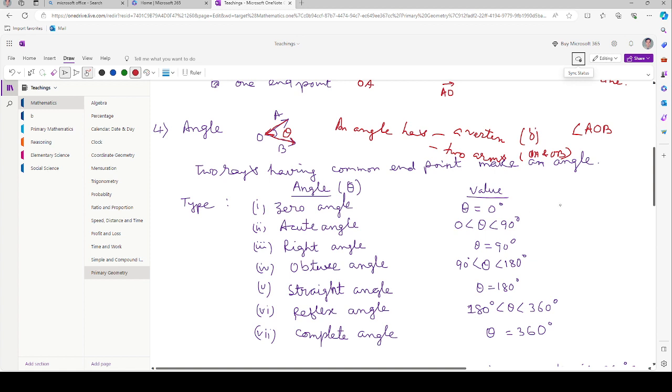Say two rays overlap each another, then the angle is known as zero angle, because in between two rays OA and OB, the measurement of angle is 0. That is why this is known as zero angle.